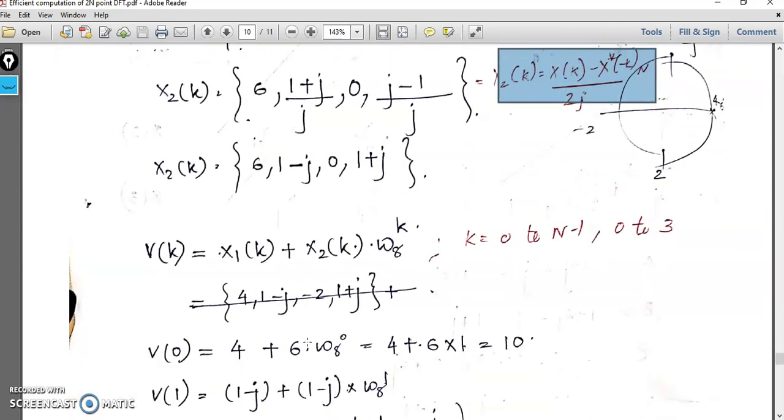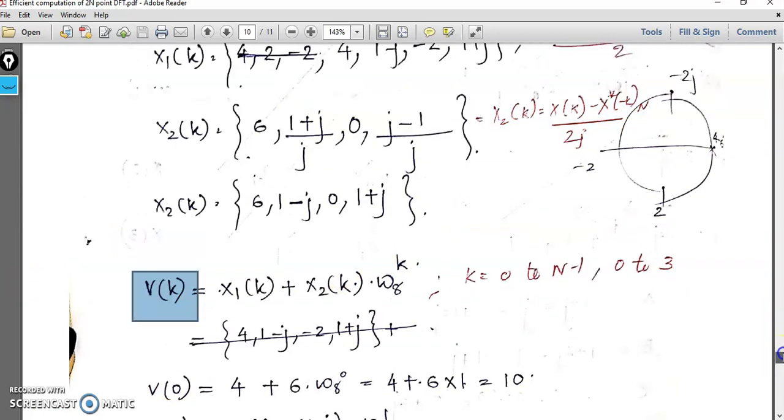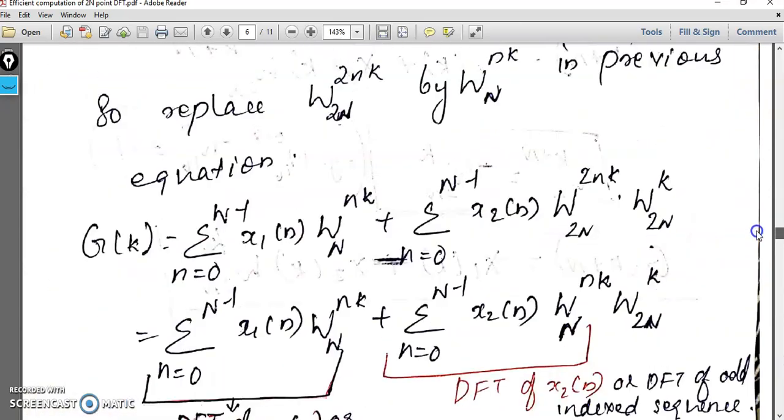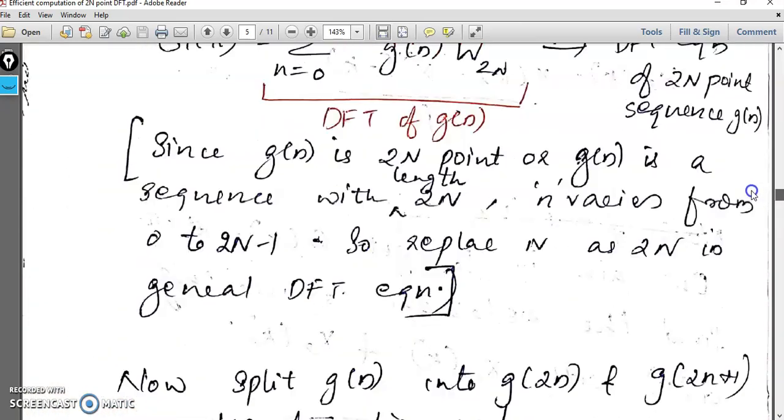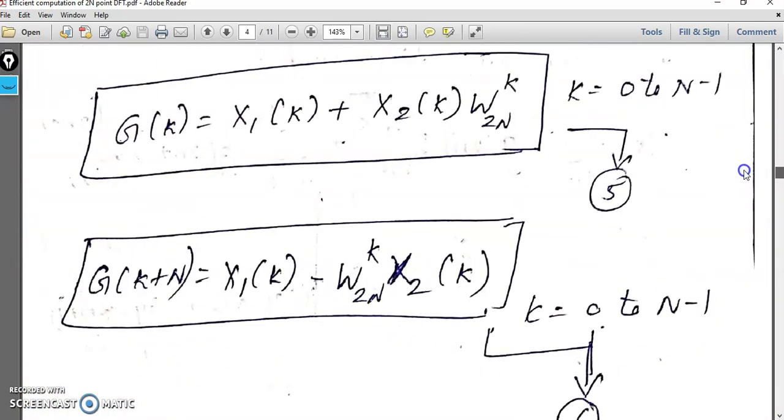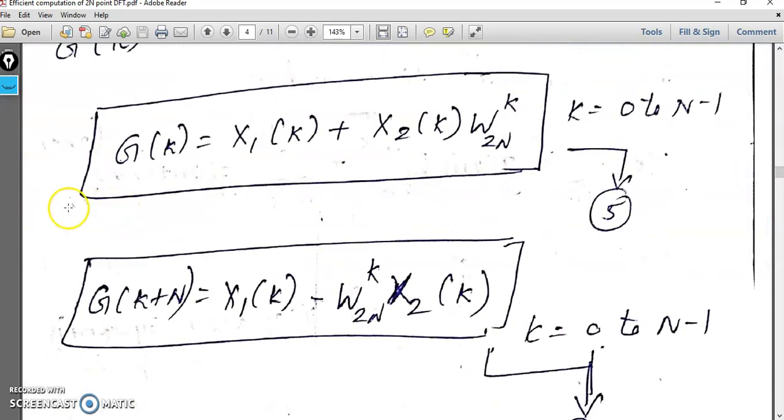Then finally, you can compute v of k using this equation. The equation is shown here: x1 of k plus x2 of k into W2N raised to k. Here 2N is 8.